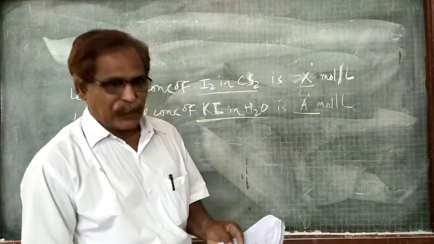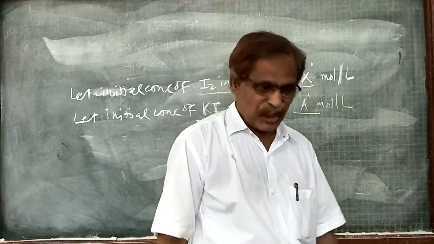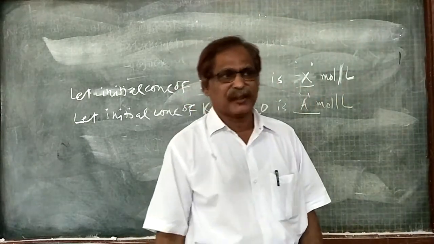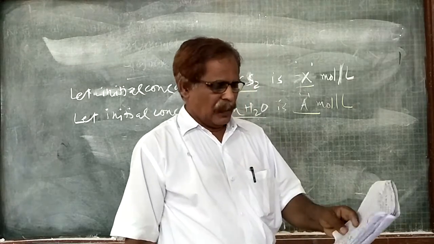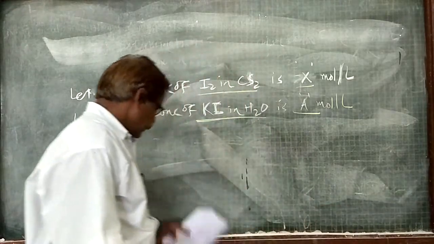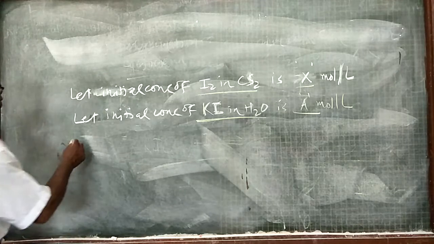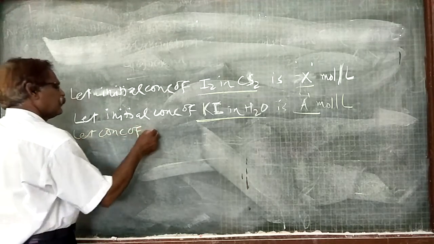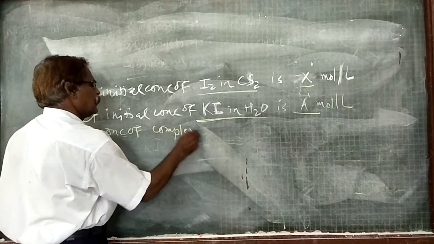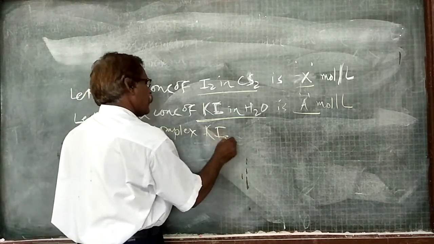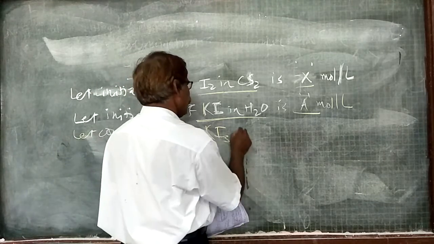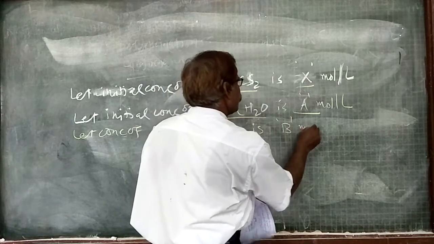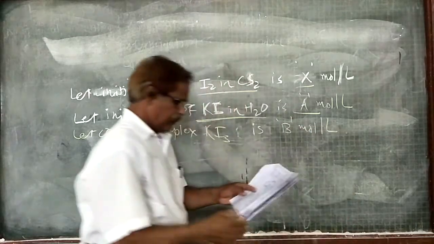So the concentration of iodine in the aqueous layer will be much higher due to formation of the complex potassium triiodide. Let us suppose the concentration of complex KI3 is B moles per liter.